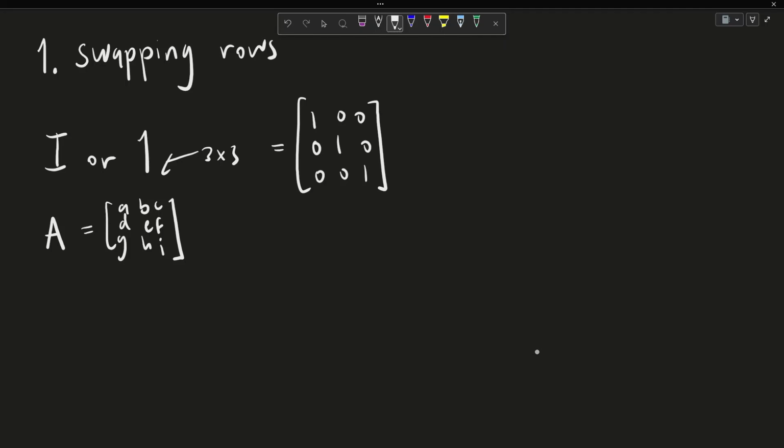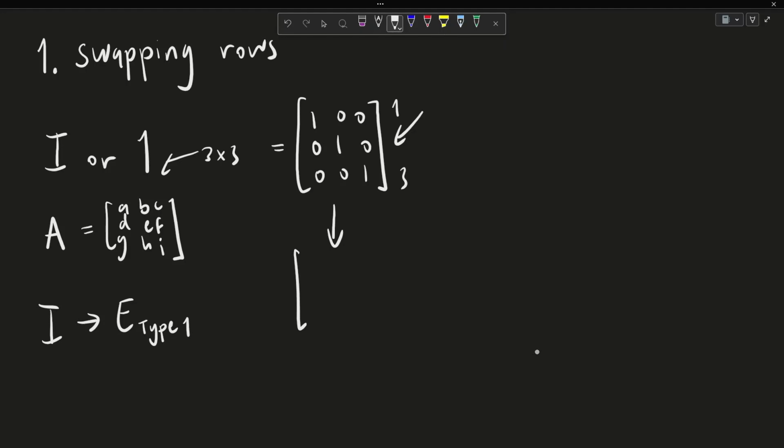So if we transform the identity matrix I into the elementary matrix E of type 1, meaning it swaps rows, we simply take I here and then we swap two of its rows. So say we swap row 1 and row 3.